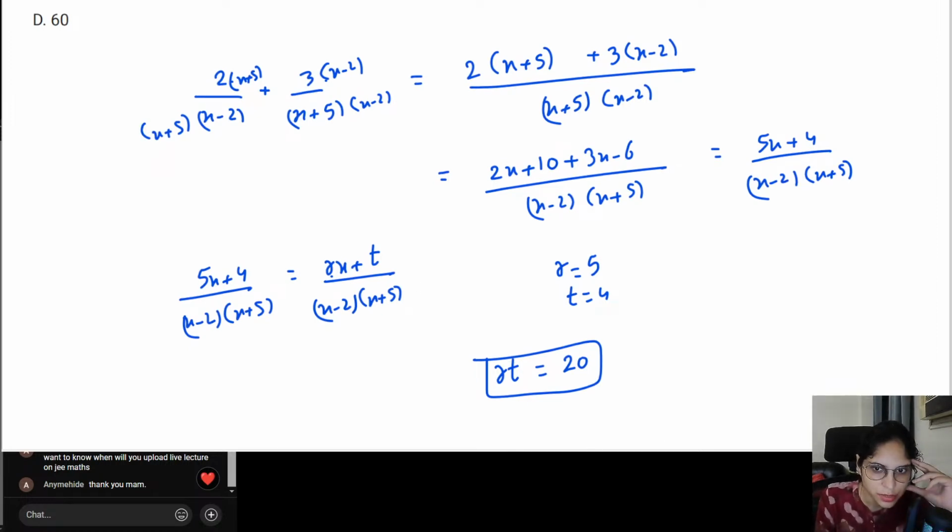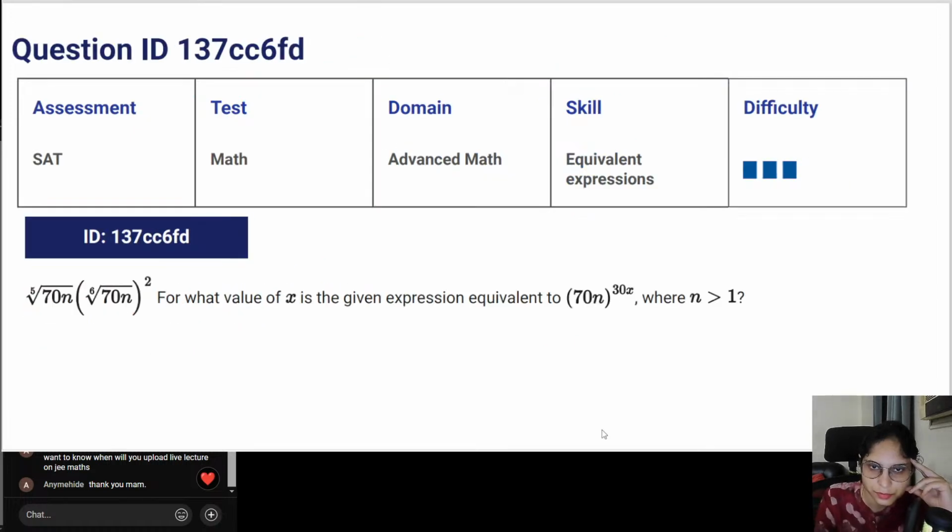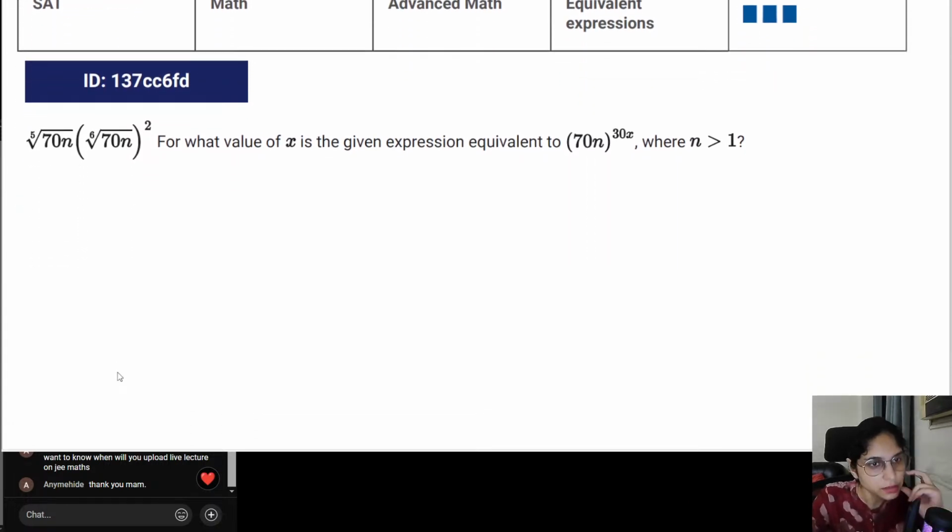Question number 15 is the next one. Fifth root of 70n times 6th root of 70n whole squared. It is equivalent to this 70n to the power 30x. What is the value of x? Again, we are applying the laws of exponents.